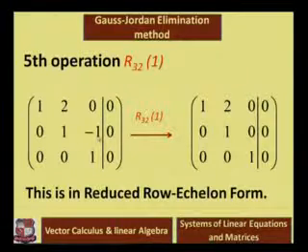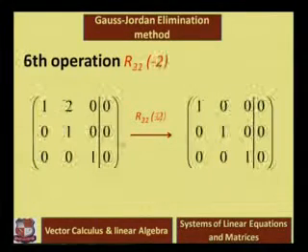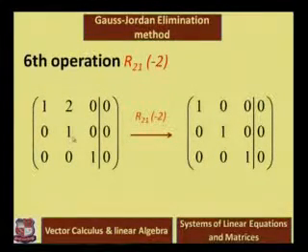Now we wish to make those entries 0. For that, multiply this row by 1 and add to the second row. For that we take the operation R2 plus R3. The resultant matrix is given 1 plus 1 there, 1 minus 1 is 0, and again observe that here the entry is 2, but we need it to be 0 for the reduced row echelon form.